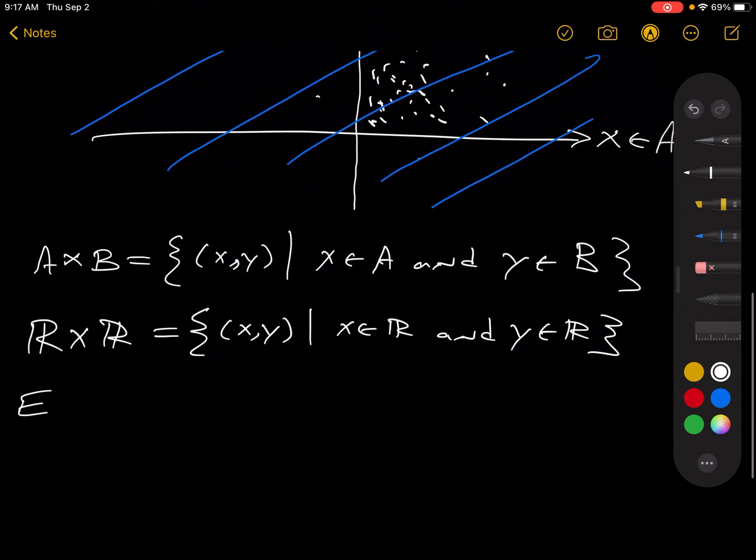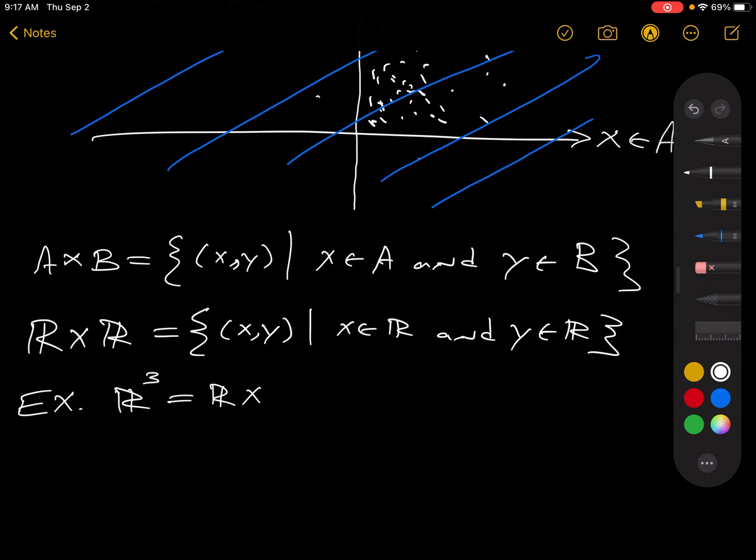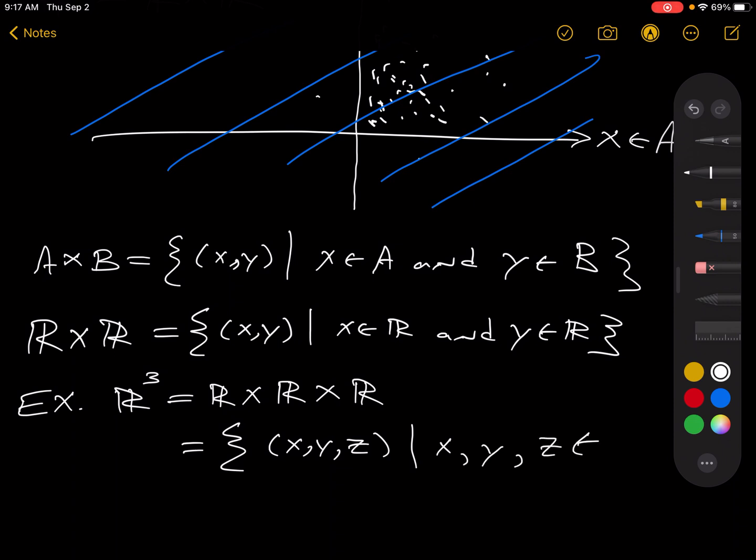As another example, think about R cubed. R cubed is shorthand for R cross R cross R, which is a set of all points (x, y, z) such that x and y and z are real numbers.